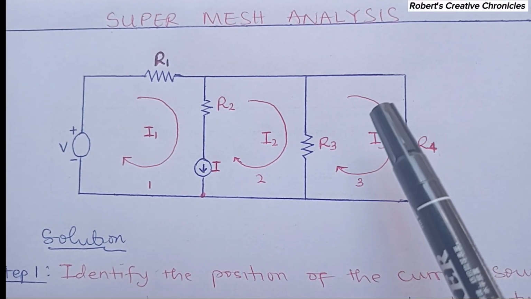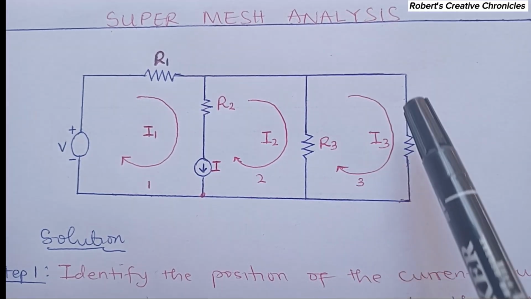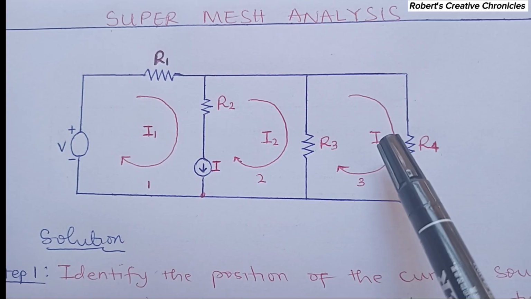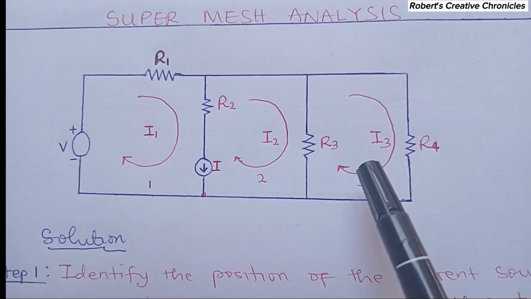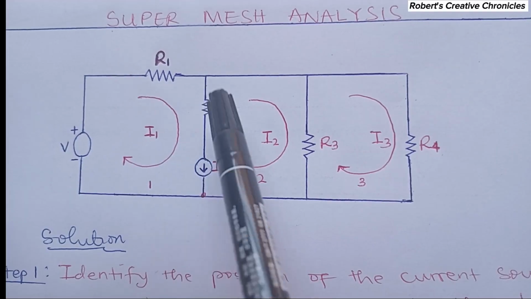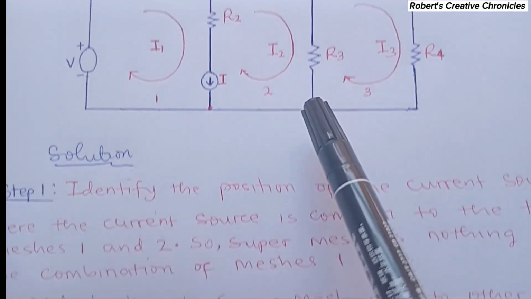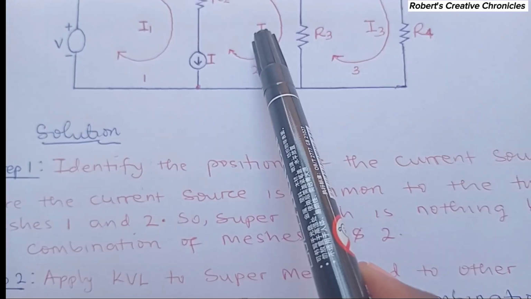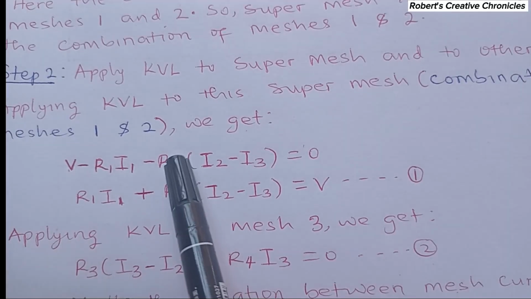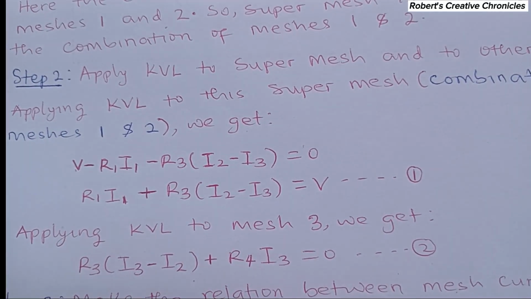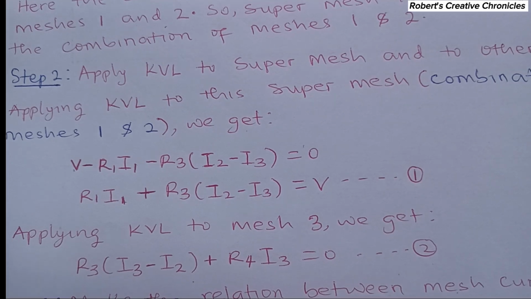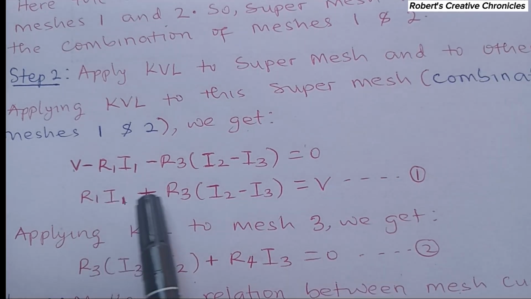If we were applying KVL to mesh 3, we would take I3 minus I2. But since we are applying KVL to this super mesh, we have to take it first. So it will be negative R3 (I2 minus I3) equals 0.